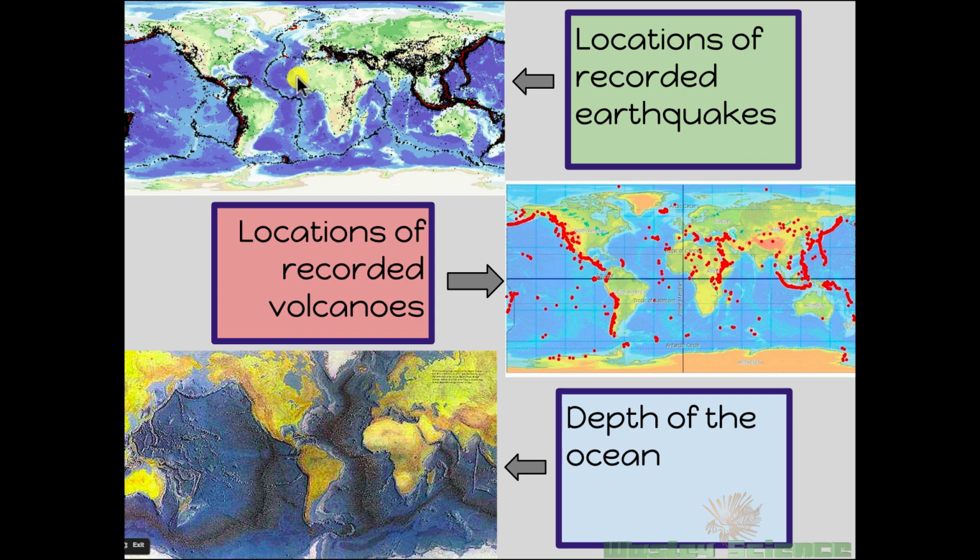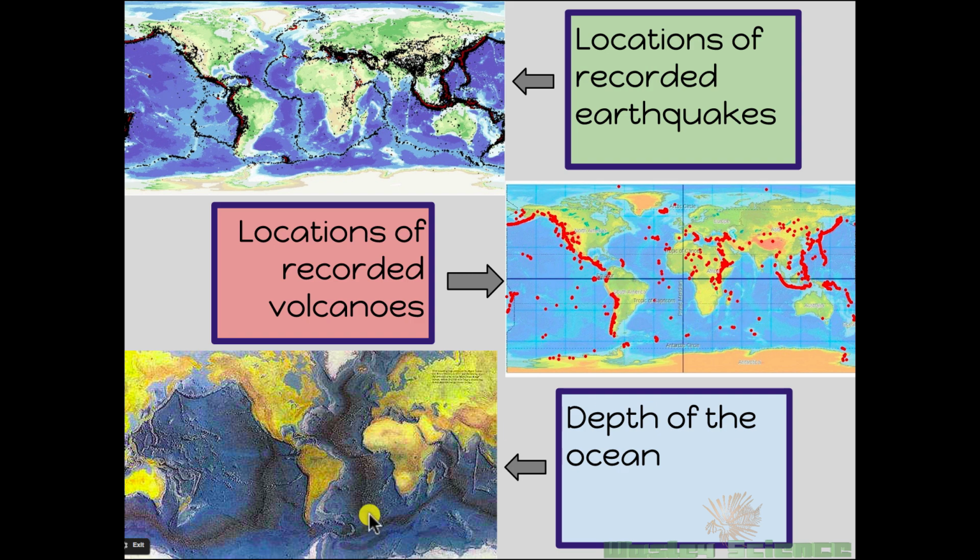They're not just at the end of Africa, they go all the way to the middle of the Atlantic Ocean. So you can see them all around here where I'm moving my mouse. And then you can look at where there are volcanoes, and you can see here that they are in the same spot where we see earthquakes.